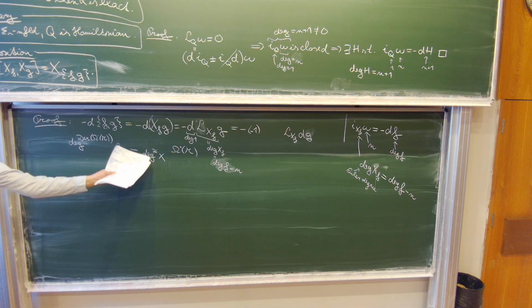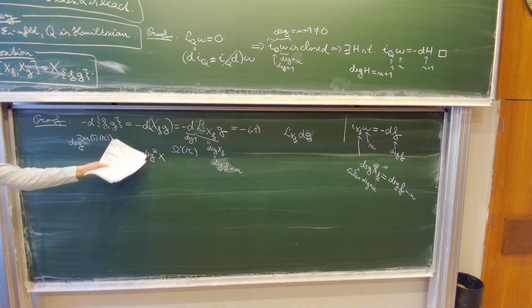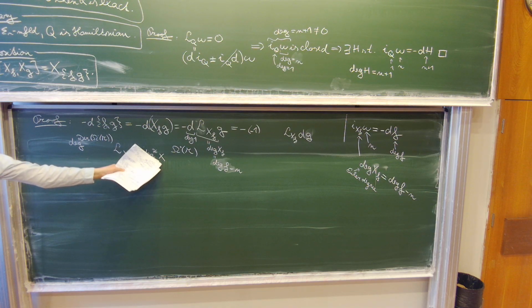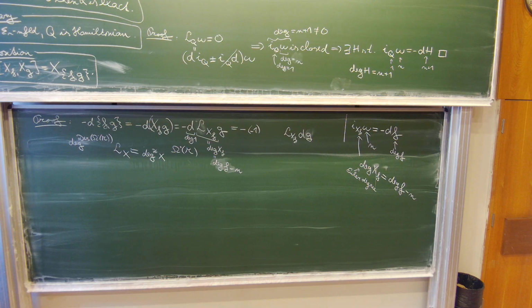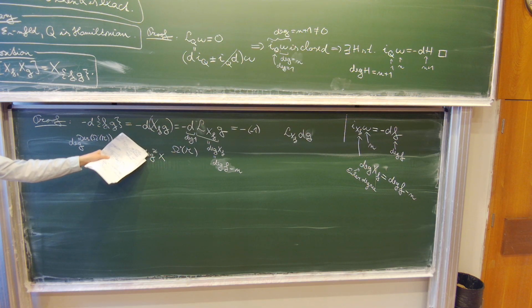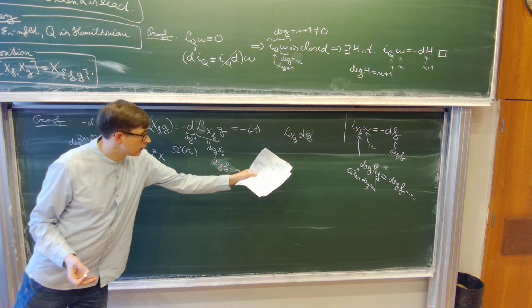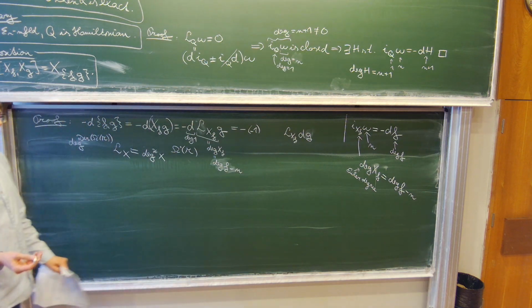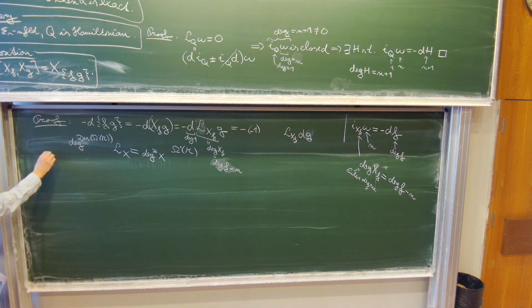And this just means that when I hit a function with a vector field, how much does it change the degree of the function? That's the degree of a vector field. And for us, it's the same as the Euler vector field.